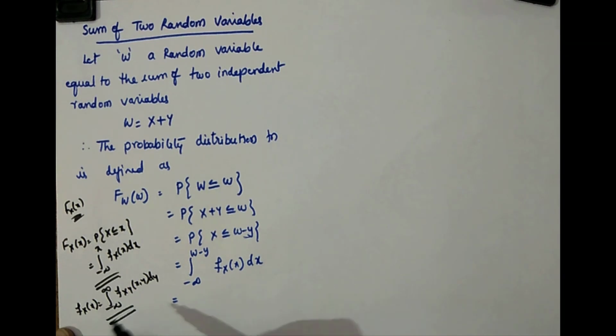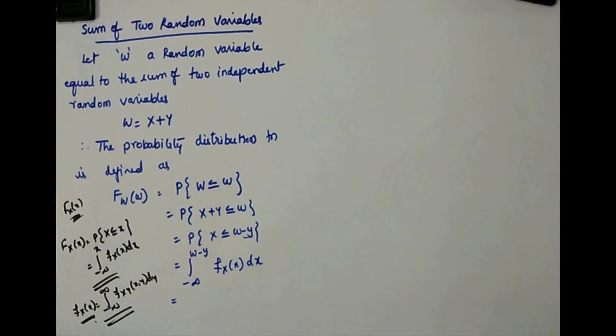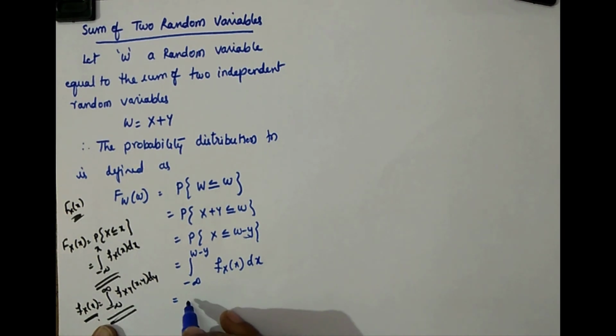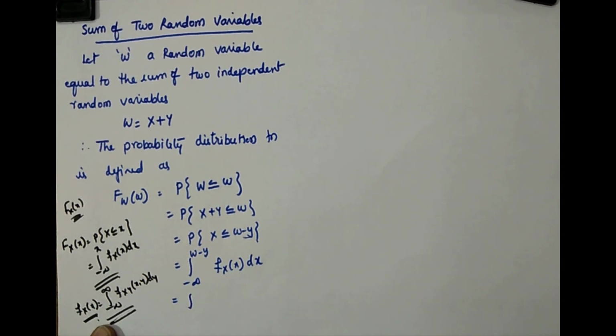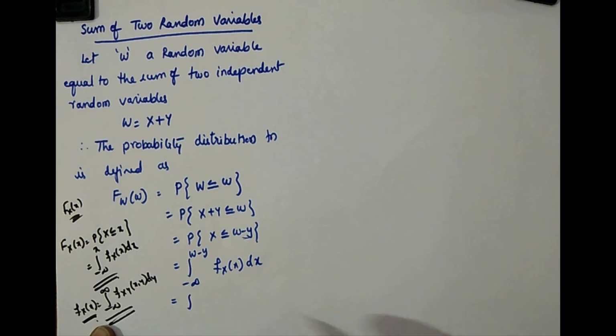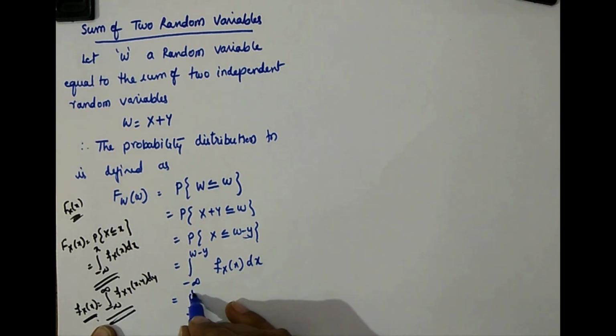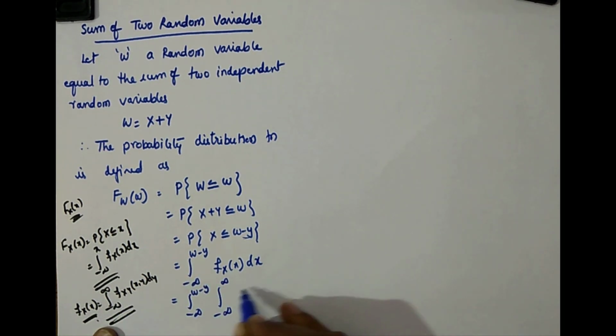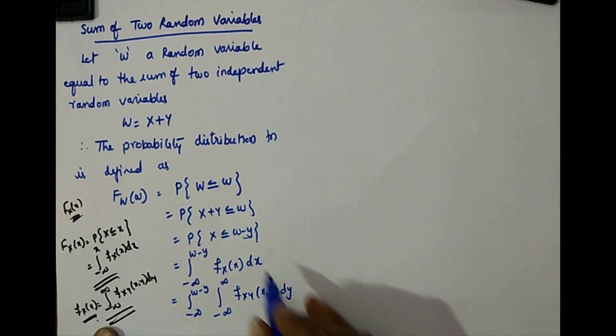Just substitute this, so you get the integral from minus infinity to W minus y, and another integral from minus infinity to infinity of fxy of x comma y dy, and dx.